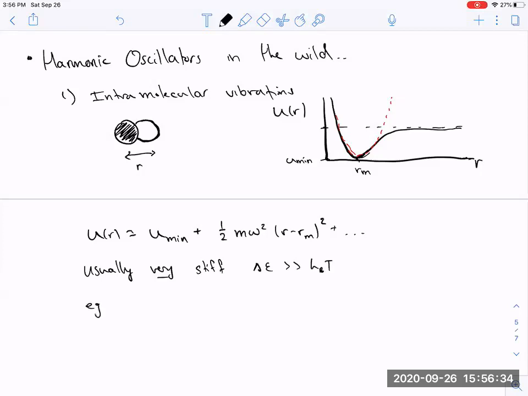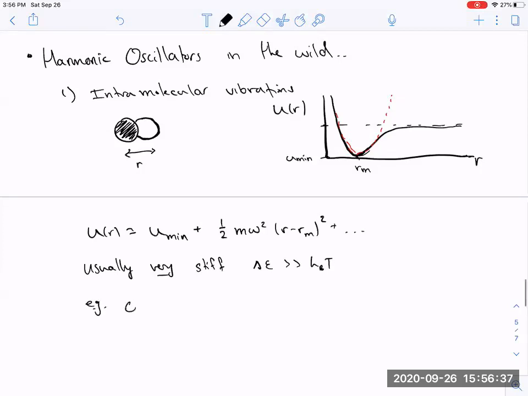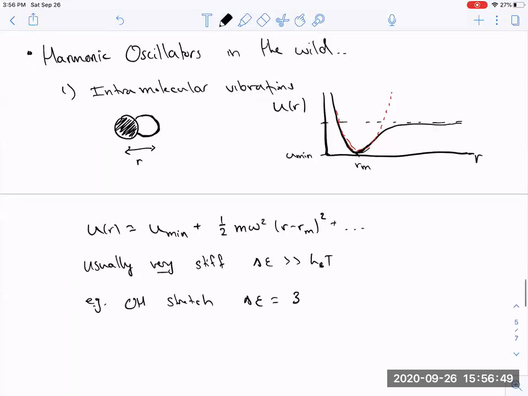So for example, if we thought about, say, an OH stretch, the vibrational frequency, does anyone know? It's about 3,000 wave numbers. This is a terrible energy unit, but if you put kBT in those units of energy, it's about 210 at 300.